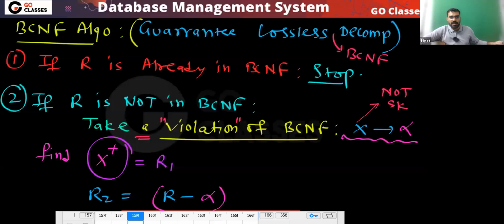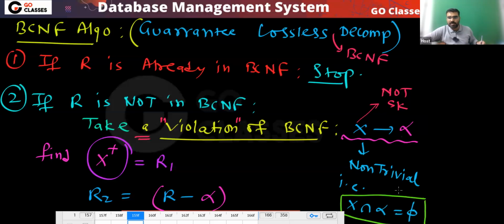Is this point clear? Make sure this is non-trivial, which means their intersection must be empty.